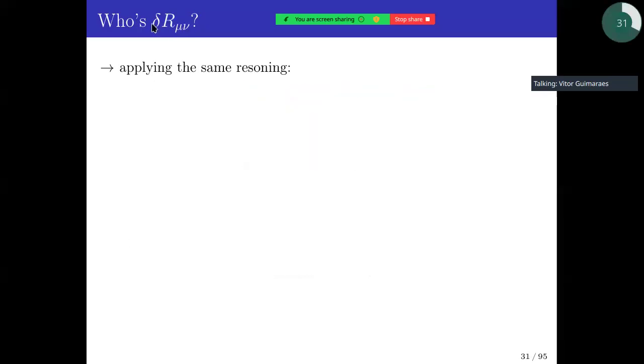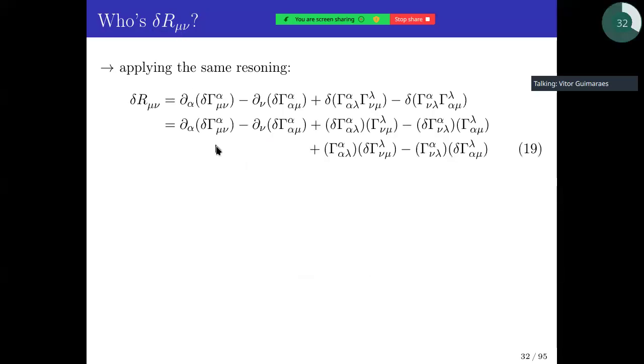Applying the same reasoning for the Ricci tensor, right? Okay, I warned you guys that the equations were going to become a little convoluted, but there's nothing to be afraid of here, nothing to worry about, because we are just applying this derivative operator, like this variation here is a derivative operator.